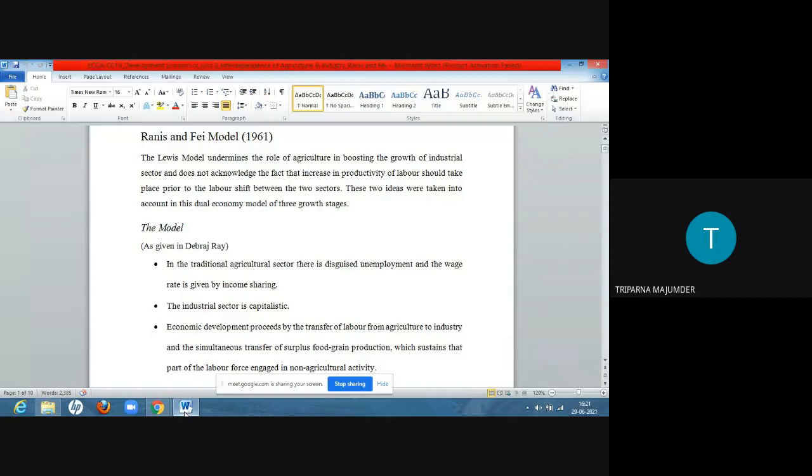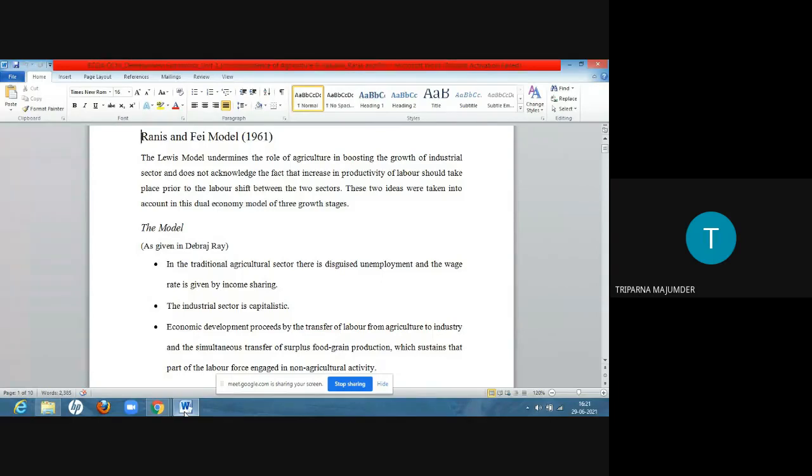But the Lewis model undermines the role of agriculture in boosting the growth of the industrial sector and does not acknowledge the fact that an increase in productivity of labor should take place prior to the labor shift between the two sectors. These two ideas were taken into account in this dual economic model, which shows the entire process in three stages.